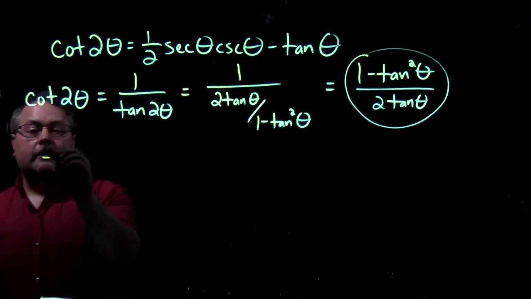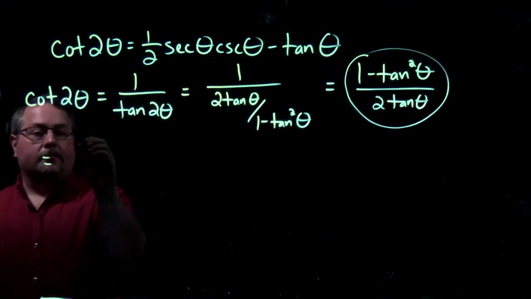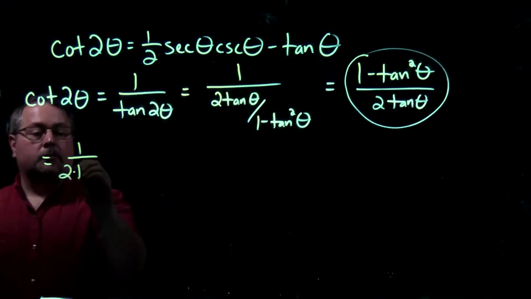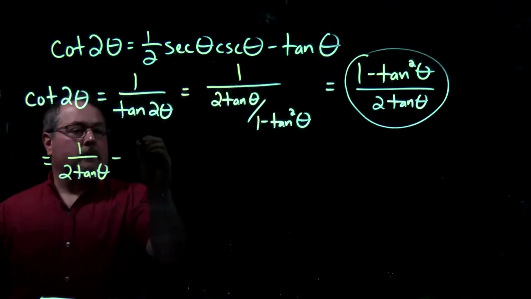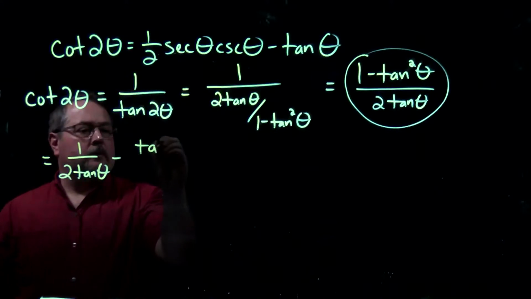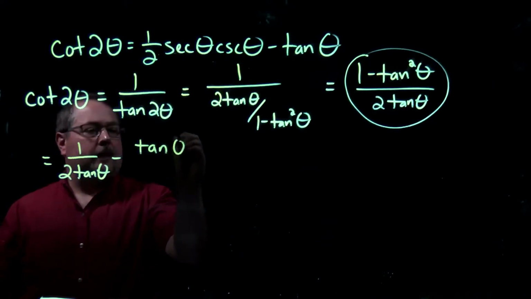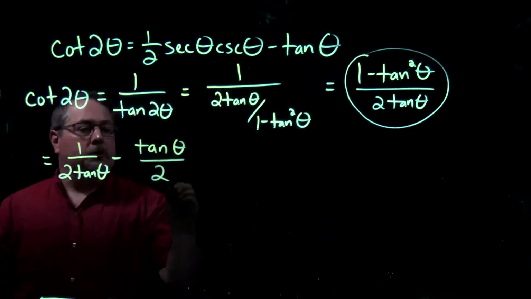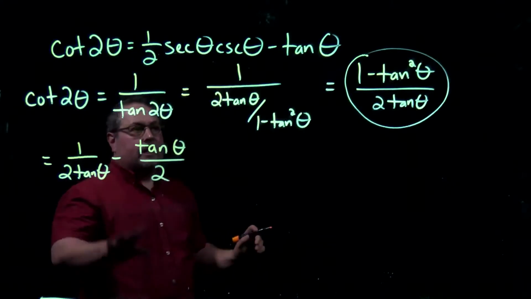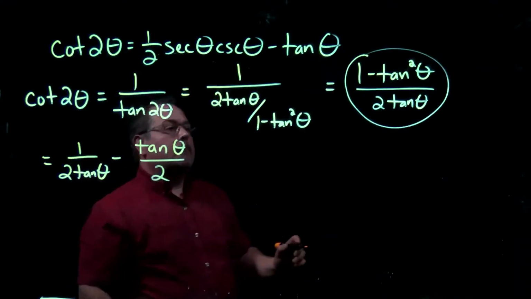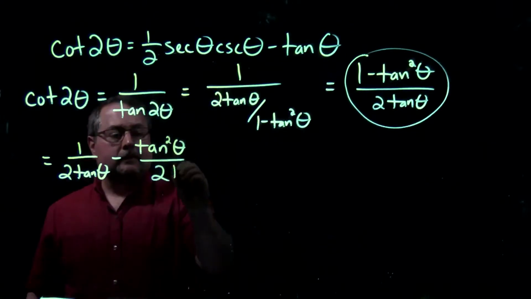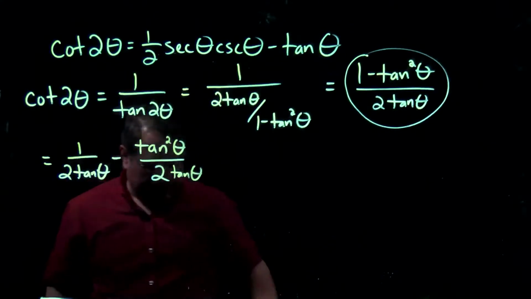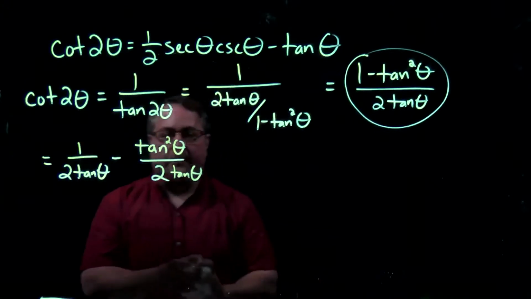So if we do that, we're going to end up with 1 over 2 tan theta minus tan theta over 2. Okay, because we'd have 1 over 2 tan theta minus tan squared theta over 2 tan theta. And then we can cancel a tangent theta on the top and bottom.